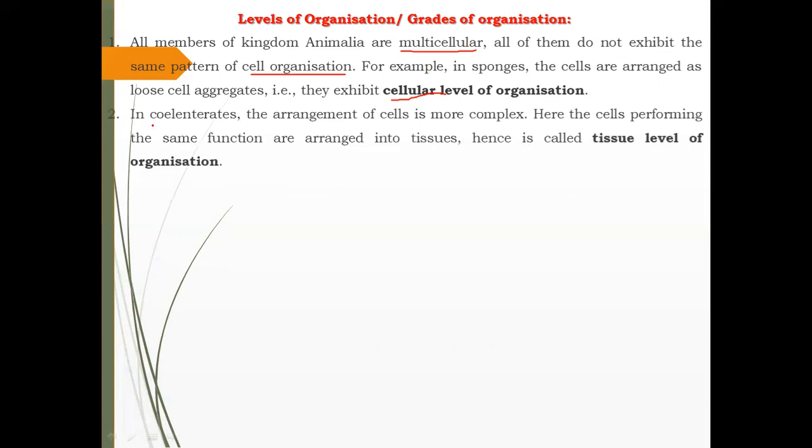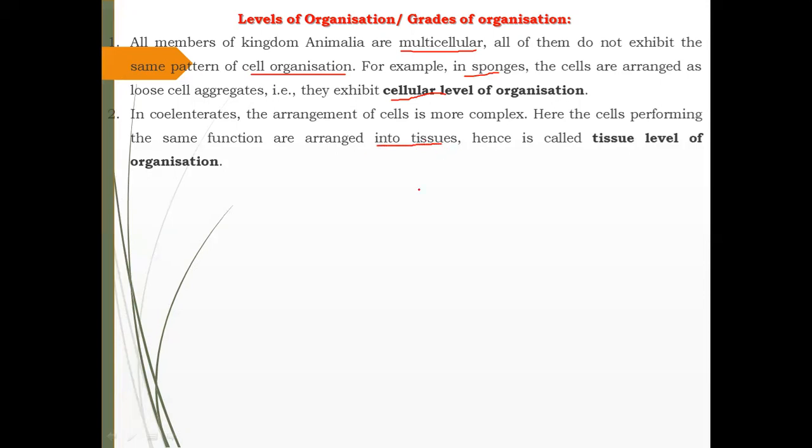In coelenterates, the arrangement of cells is more complex compared to this one, that is poriferans. The sponge is an example of porifera. Compared to this one, it is more complex. Here the cells performing the same function are arranged into tissue. This is very important.